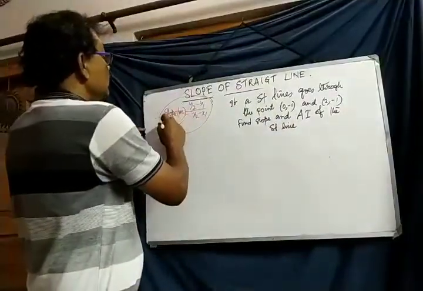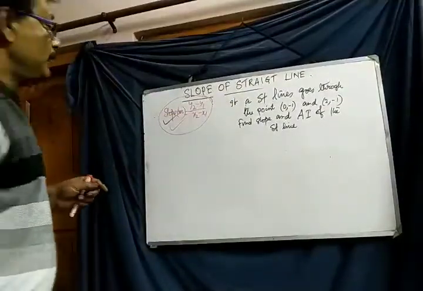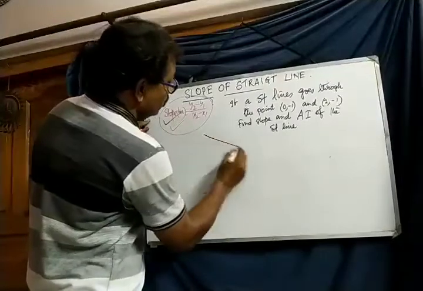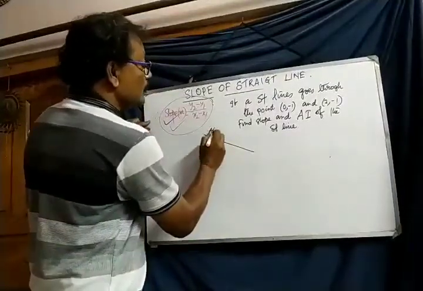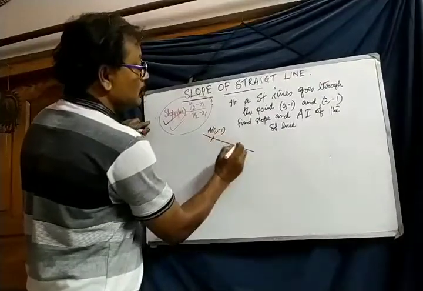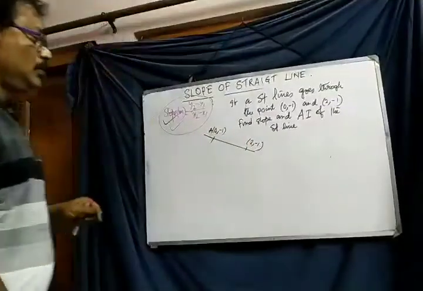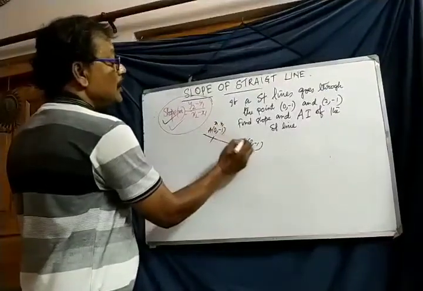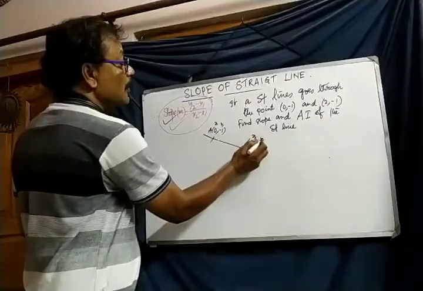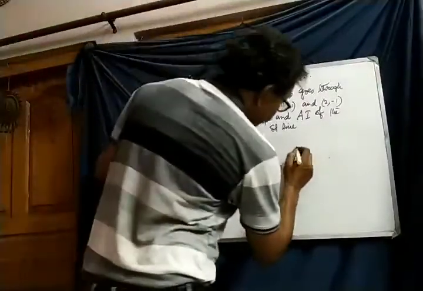We have the formula of slope m is equal to y2 minus y1 by x2 minus x1. If this is the straight line having two coordinates (0, -1) and (2, -1), then I can take this coordinate as (x1, y1) and that coordinate as (x2, y2), and now apply the formula of slope.